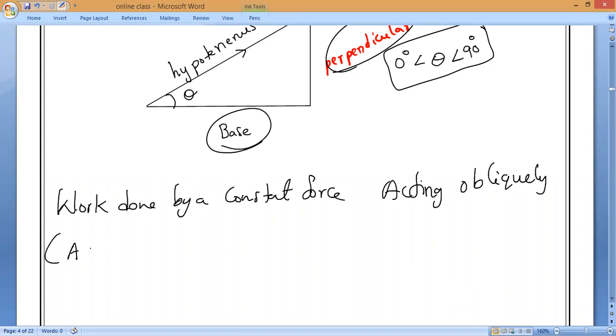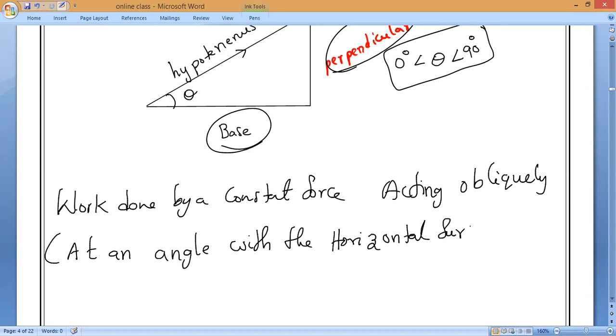What do you mean by obliquely? At an angle with the horizontal surface. That is what you have to remember.